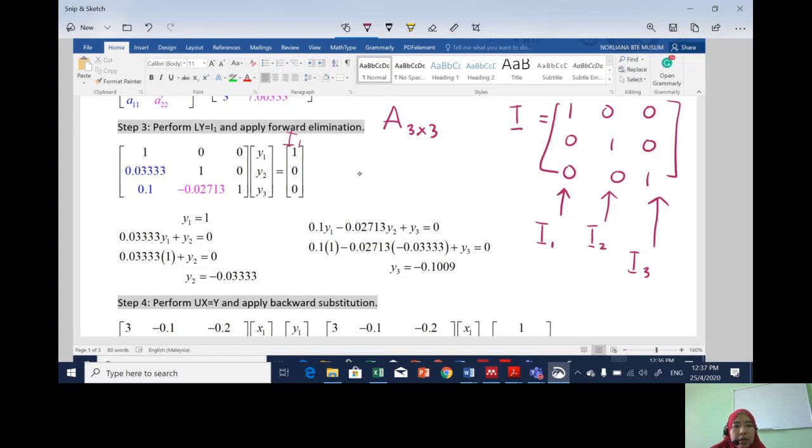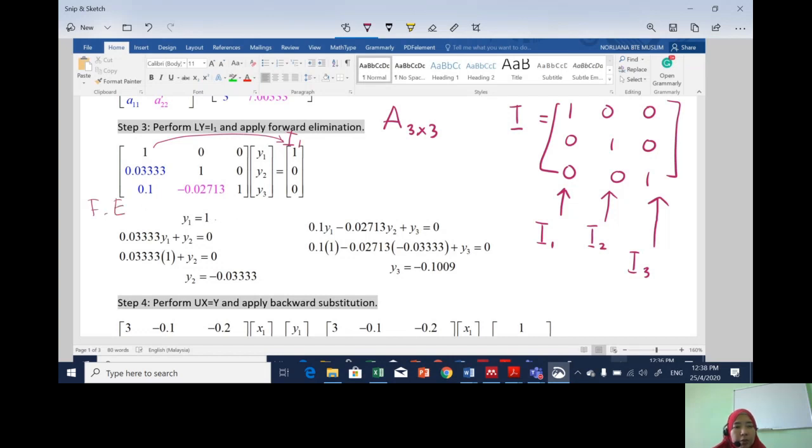If we have a matrix A whose size is 4 by 4, then the identity matrix will be 4 by 4, where the upper and lower parts of the identity matrix are 0 and the diagonal part is 1. Then we solve to find the values of y1, y2, y3. This step is based on forward elimination.